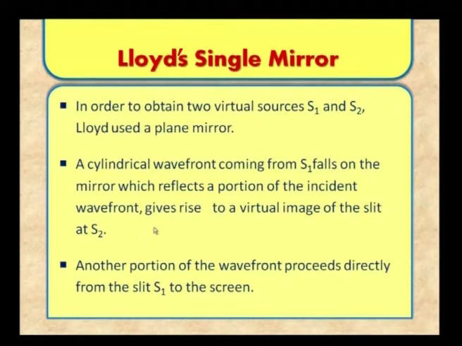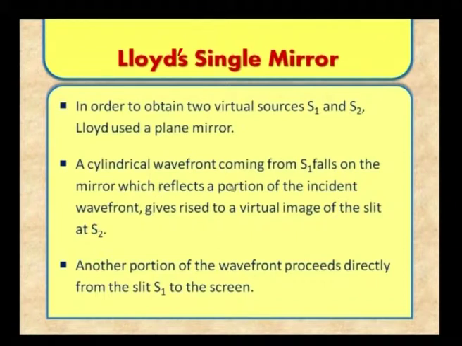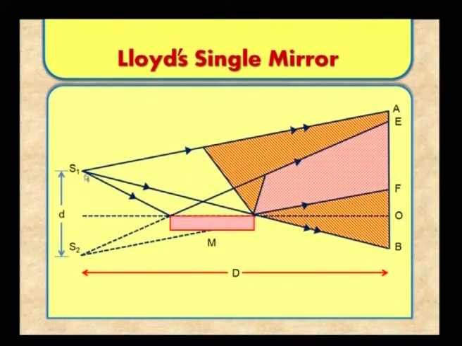Now, look at the diagram. This can be understood by looking at the diagram. A cylindrical wavefront comes from S1. You have a single mirror here, and light from S1 is incident on the whole region.